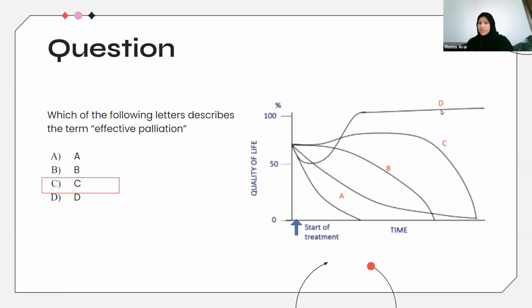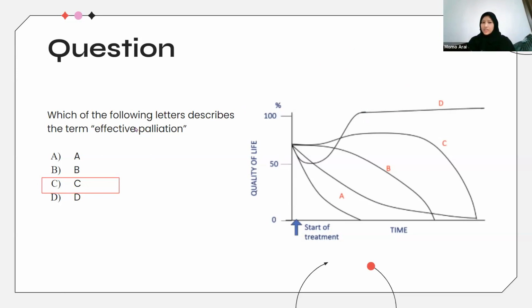Which type of treatment is D? You can see from the graph itself, but what is it called? Curative. Good. So for D, you can see quality of life is increased 100%, which means you're curing the cancer.